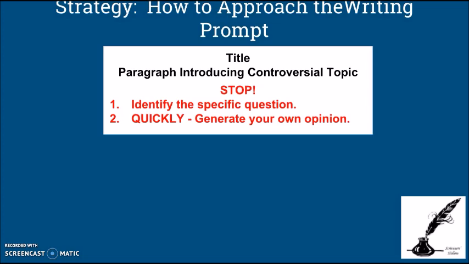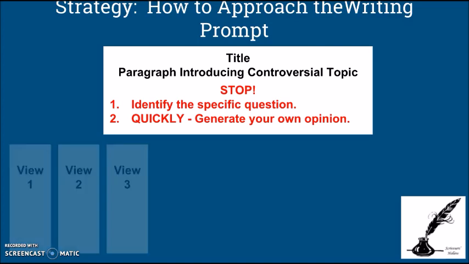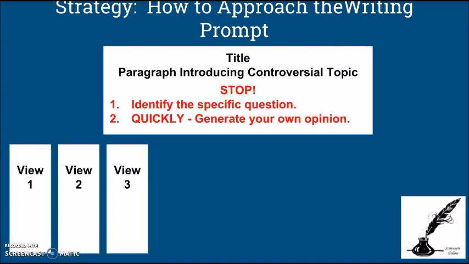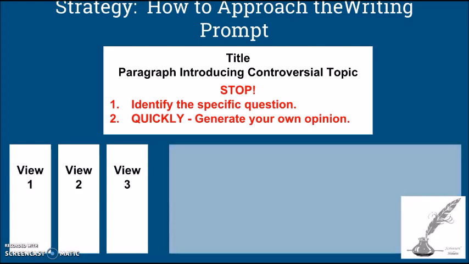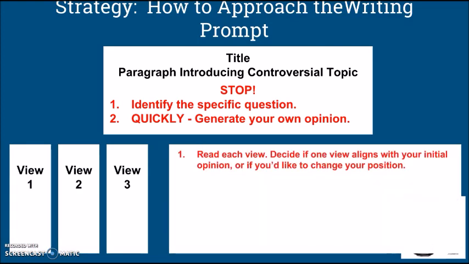Okay, so now I've taken care of this first step. I've read the introductory paragraph, I've identified the specific question, and I've generated my own thoughts. And now, as you'll recall, the second step is to read the 3 views and see how those relate to my initial thoughts and decide whether or not I want to change my position and move on from there.